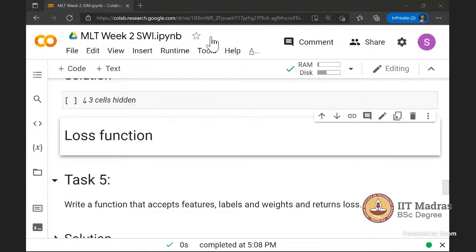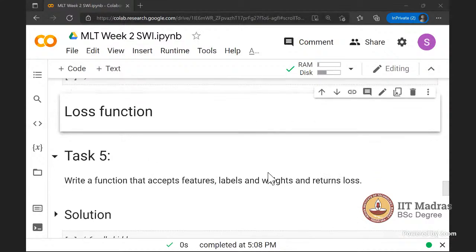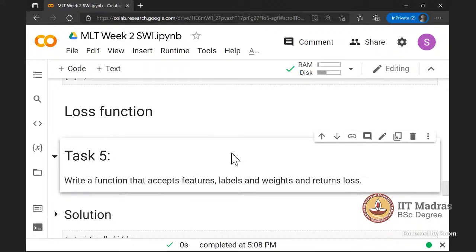Take 2 minutes and try to write a function for this.